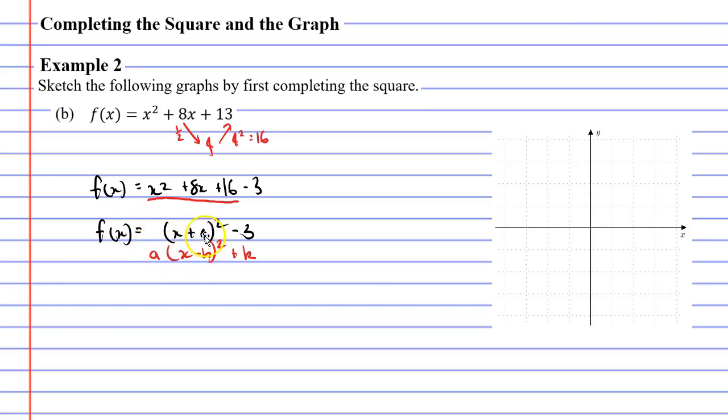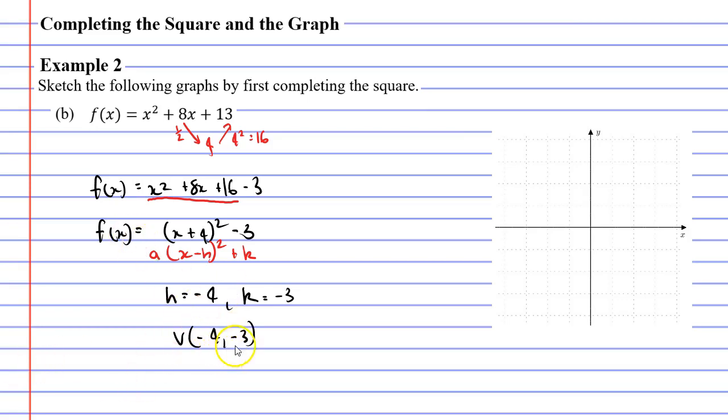We know that h is going to be -4. h will equal -4, because if I replace h with -4, I get x minus -4. That's the same as x plus 4. And we can see that k will equal -3. That means our vertex is the point (-4, -3).